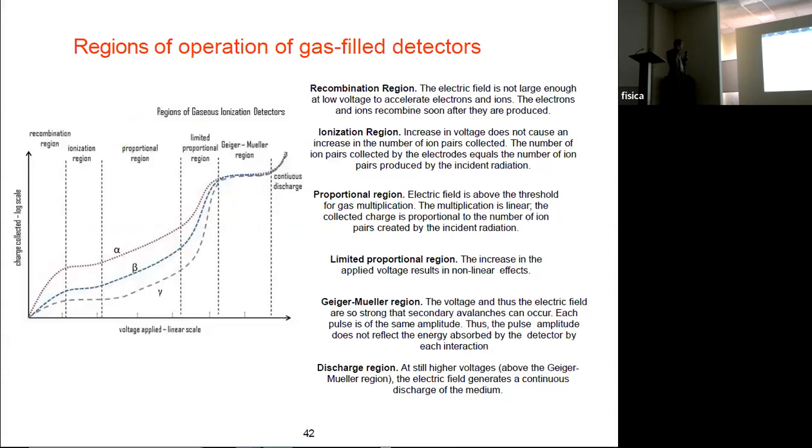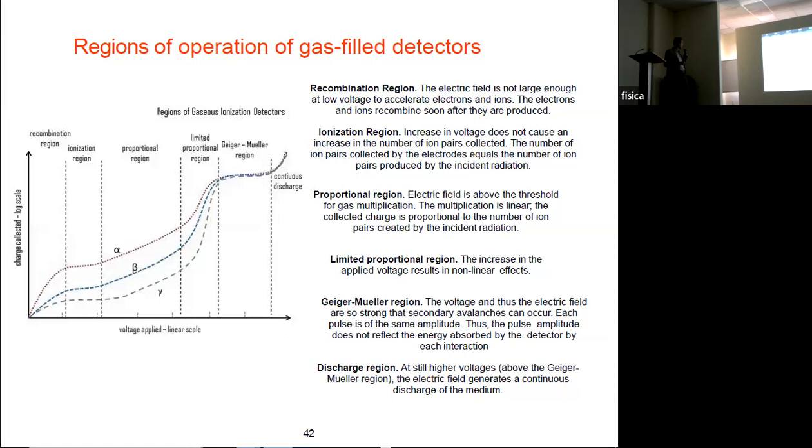very important plot that's called regions of operation of gas-filled detectors. It's based on the notions which I mentioned on the previous slide.